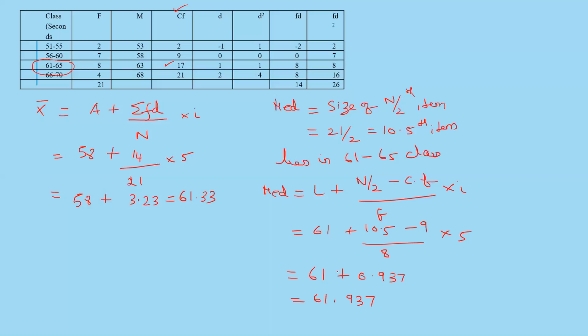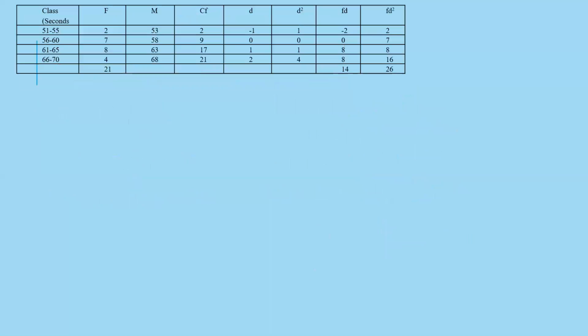Okay. Now quickly let's calculate the mode for this sum. And you can see in this sum, take the first column, which is the class, and the second, that is the frequency. Just by observation, we can see that the highest frequency is 8, and it lies in 61 to 65 class.